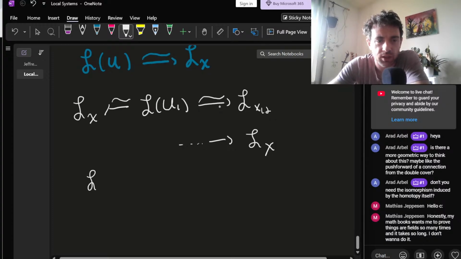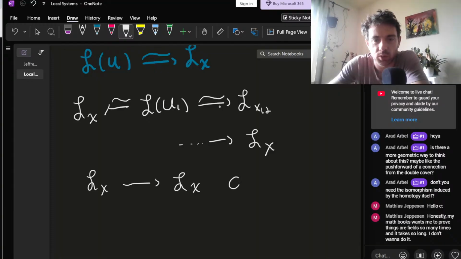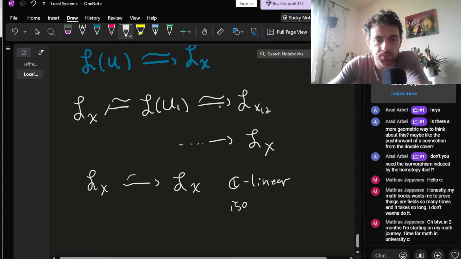But ultimately, when you compose all of these maps, you end up getting a C-linear isomorphism.